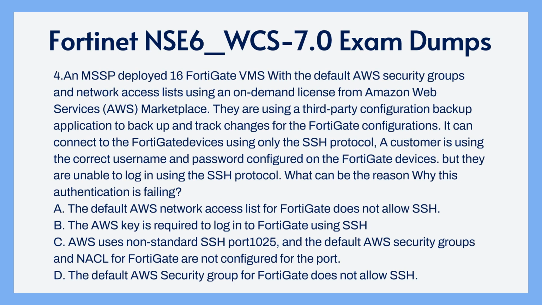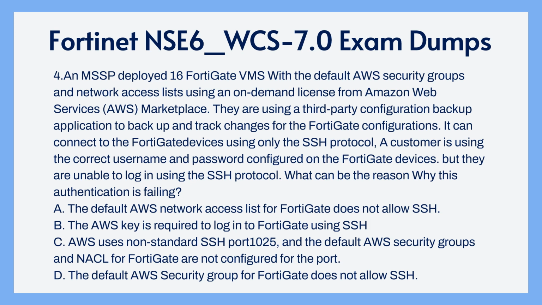4. An MSSP deployed 16 FortiGate VMs with the default AWS security groups and network access lists using an on-demand license from the Amazon Web Services, AWS Marketplace. They are using a third-party configuration backup application to back up and track changes for the FortiGate configurations.